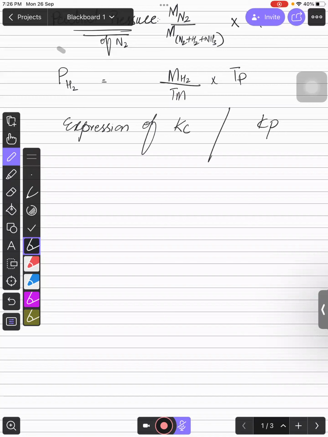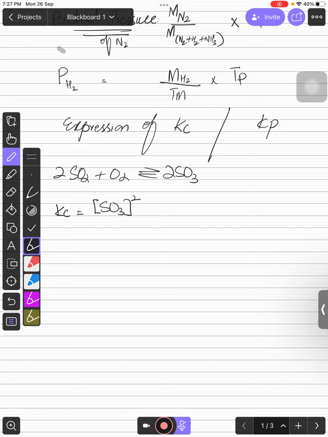For example, we have the equation SO2 reacting with oxygen forming SO3. You can find the equilibrium constant expression this way: the concentration of product with the power of its coefficient over the concentration of reactant with the power of its coefficient.